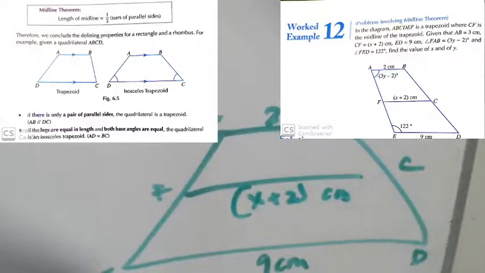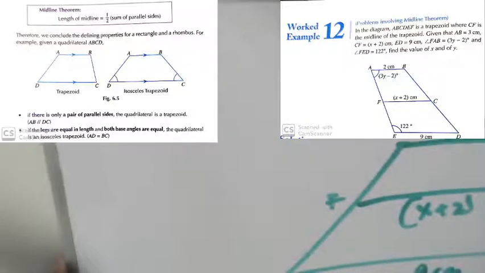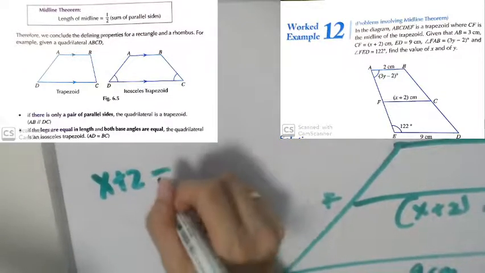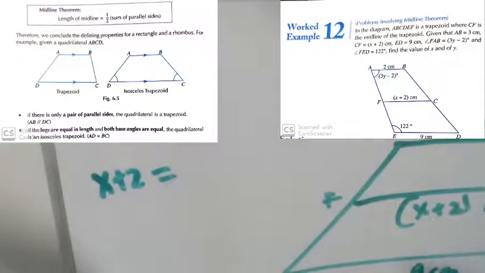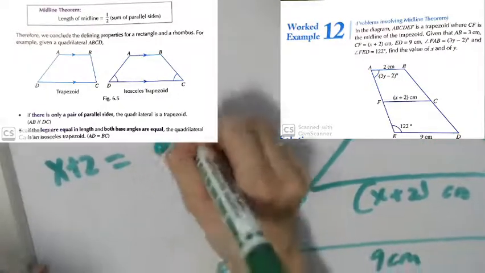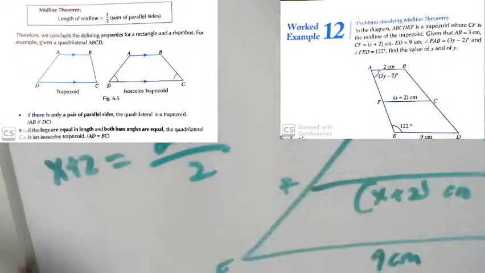Again, whenever we are dealing with the midline, we are just going to get the average of the two bases. It just happened here that it has an unknown, and we need to find the value of x. So we have here x plus 2 as the length of the midline, and it must be equal to the average of the two bases, 2 cm and 9 cm. 2 plus 9 over 2.